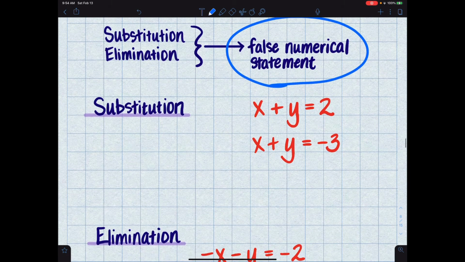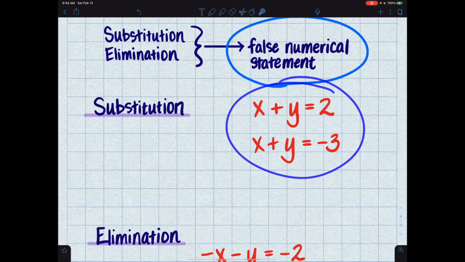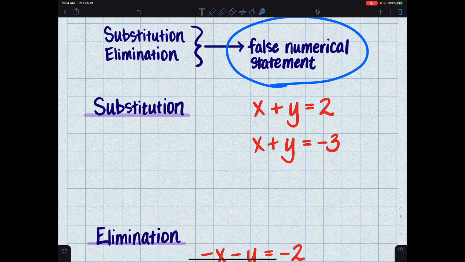These are the two equations right here. I wrote them down. x plus y is 2 and x plus y is -3. Let's try substitution. Let's solve this equation for x.